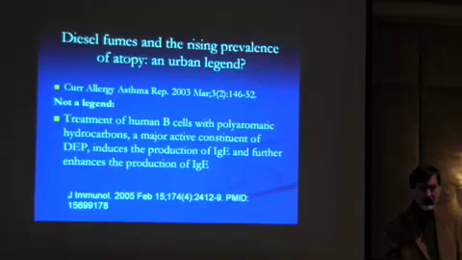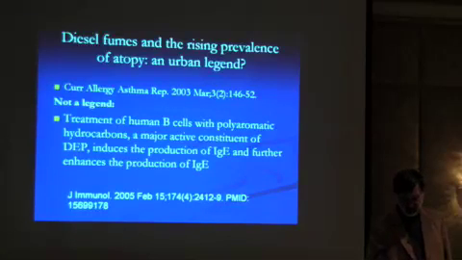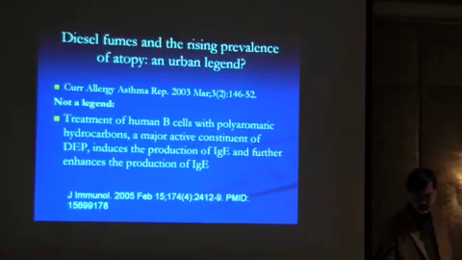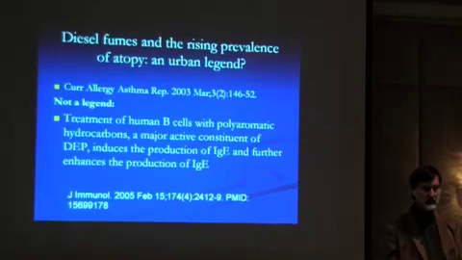That's allergy disease. And this article in Journal of Immunology questioned whether this was an urban legend. They indeed showed that treatment of human B cells with polyaromatic hydrocarbons, that's what's released in the exhaust, creates a major constituent of the problem that induces the production of IgE and enhances the production of IgE. It's the same mechanism. They're getting their antigen-presenting cells depleted.